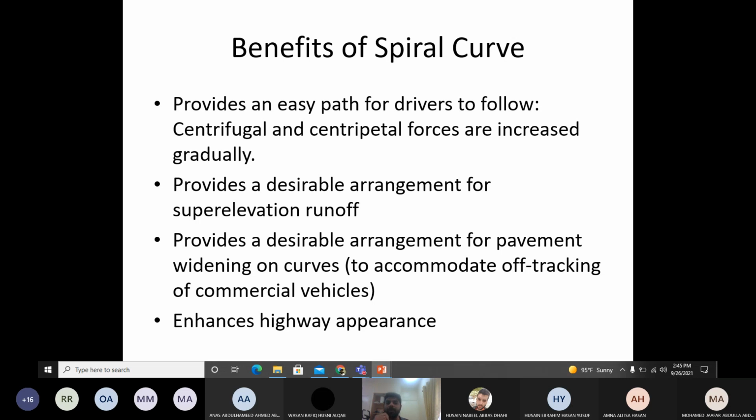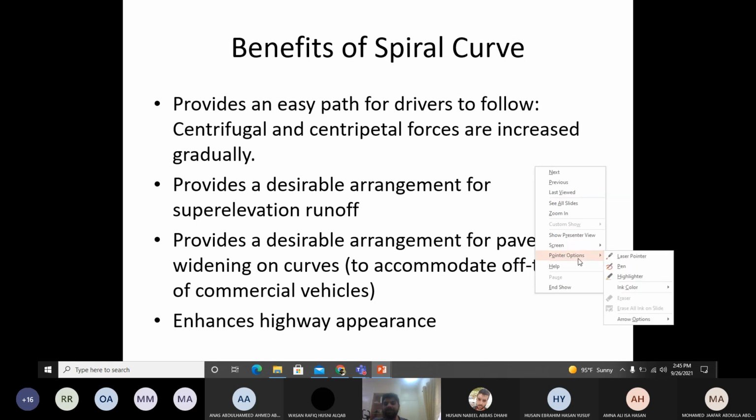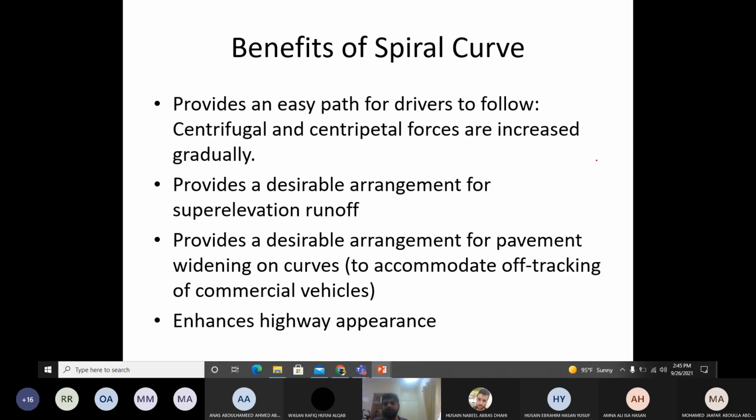A spiral curve also provides a place for widening of the road, as I told you earlier, especially when heavy vehicles are traveling on the curve. So this is a curve. Heavy vehicles cannot follow this path because of their size and their weight. They go like this.